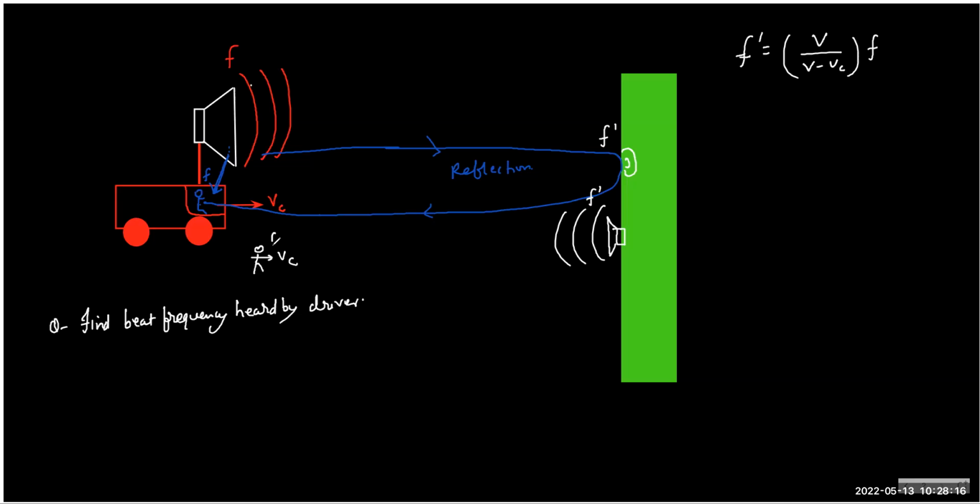So now he will listen to the new frequency f double dash. F double dash is like the listener is moving towards the stationary source. So (V plus Vc) upon V, because source is stationary, into f dash. And f dash we have already calculated, so we can write f double dash equals to.